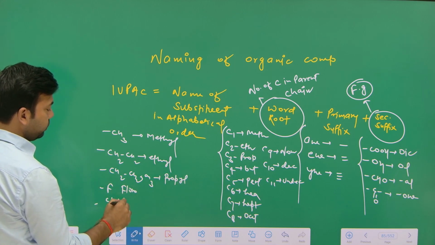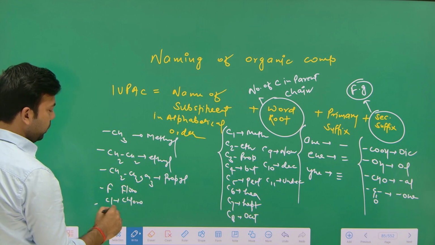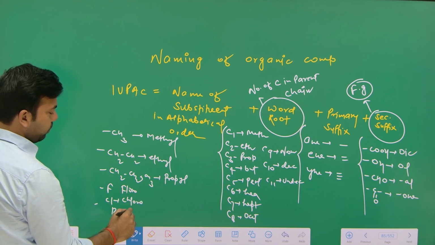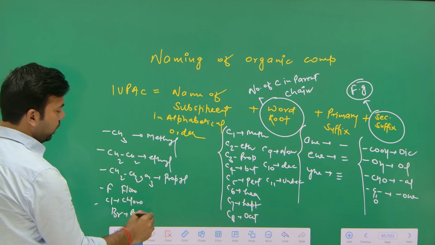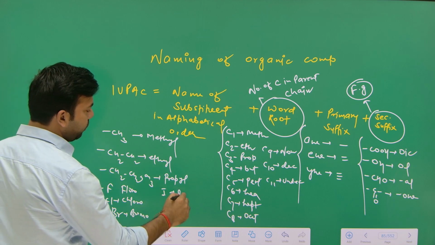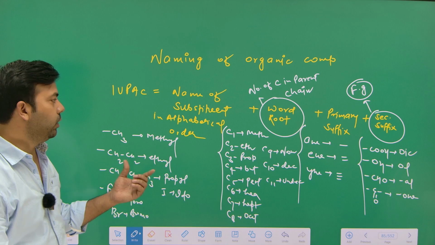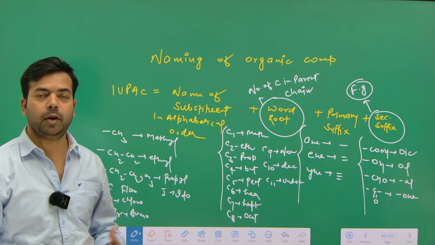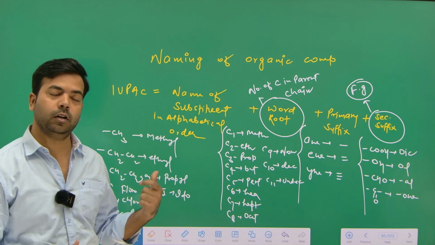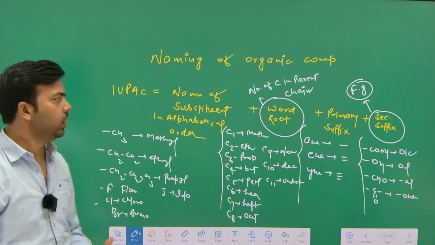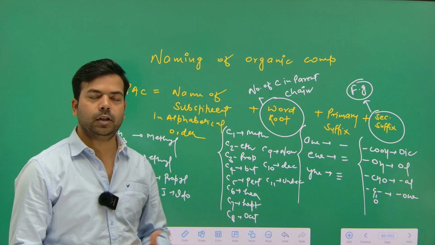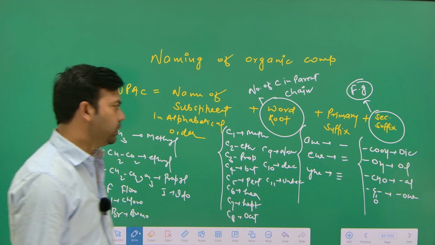Chlorine, chloro. Bromine, bromo. And iodine, iodo. Clear? So whenever we have any compound, we can name it in this way. First we write down the name of the substituent in alphabetical order. After that word root, then primary suffix, and then secondary suffix.